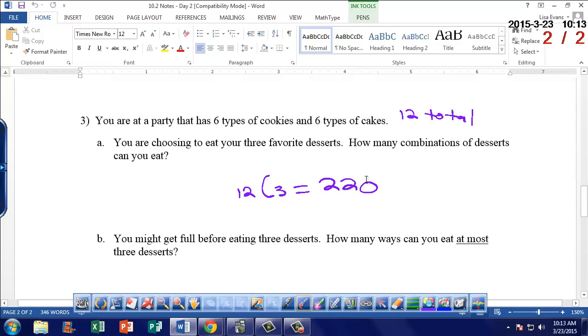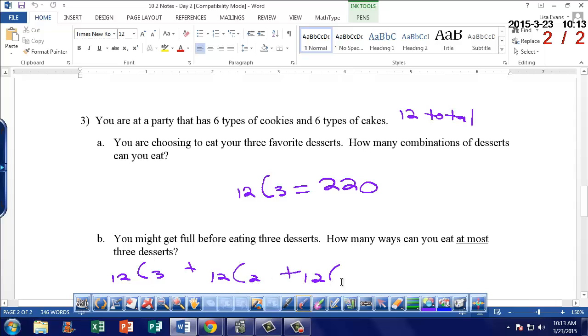You might get full before eating 3 desserts. In how many ways can you eat at most 3 desserts? It was kind of like that committee problem in yesterday's notes when we were talking about at most 4 people on the committee. Okay, so I can choose to eat 3 desserts. I'm going to choose 3 of those 12. I can choose to eat 2 of those desserts.